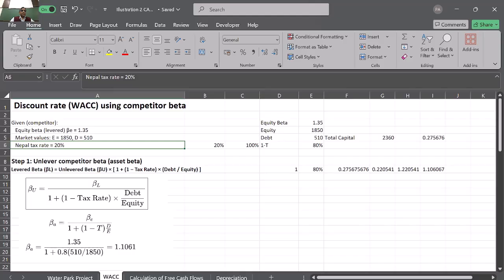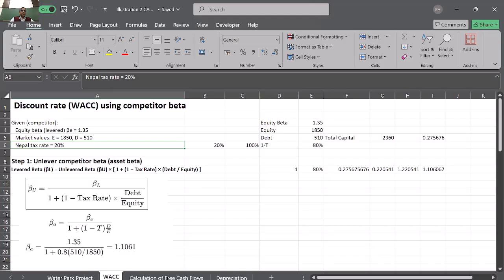This formula you are aware of? Okay, very good. So we have to first calculate the unlevered beta, and then apply the debt equity ratio of the project and recalculate the levered beta.